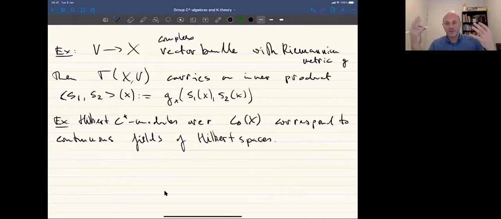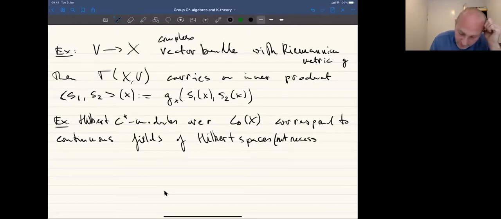So if you're given a Hilbert C-star module over some commutative algebra, then there is a bundle of Hilbert spaces over that space X, such that your module occurs exactly as the space of sections. Here, continuous fields of Hilbert spaces are not necessarily locally trivial.